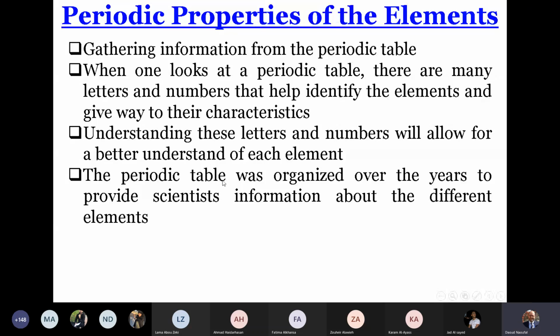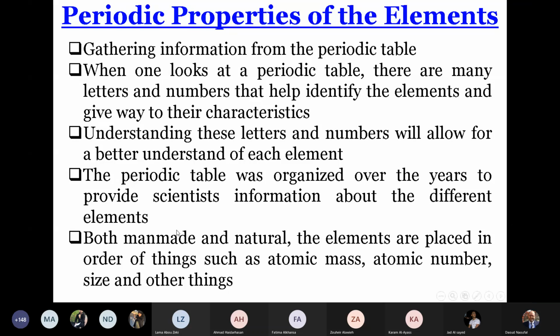The periodic table was organized over the years to provide scientists information about the different elements. And pay attention that the periodic table is man-made. It's not a real effect in the atom science.